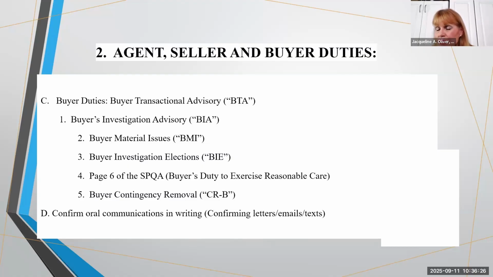That was what they did to begin with, and then afterwards, is there an acceptable level? And it turned out that there was an acceptable level after the mold inspection. So that can be done if it's material to the buyer. If they want to make sure that certain things are done, then they need to inspect for it. So that's the buyer material issues.